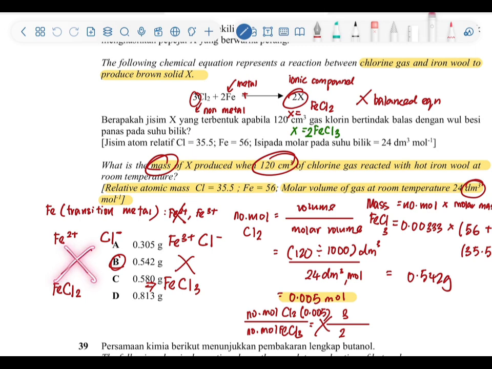When we cross it, we copy down the Fe, and then copy down the opposite charge for chlorine, which is 1, and we usually do not write out the 1. Then copy down the Cl again, and copy down this 2+ over Cl. This is what we call crossing the charge.